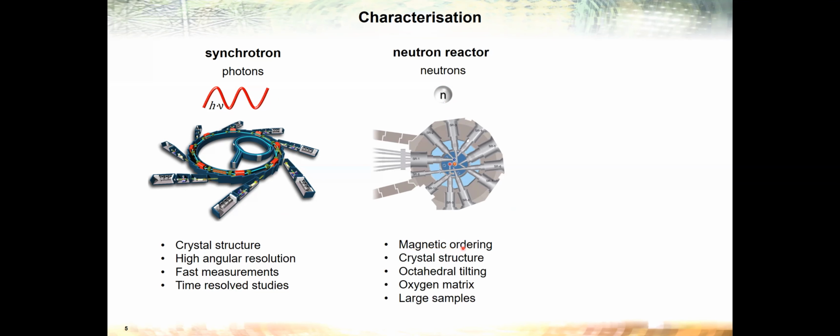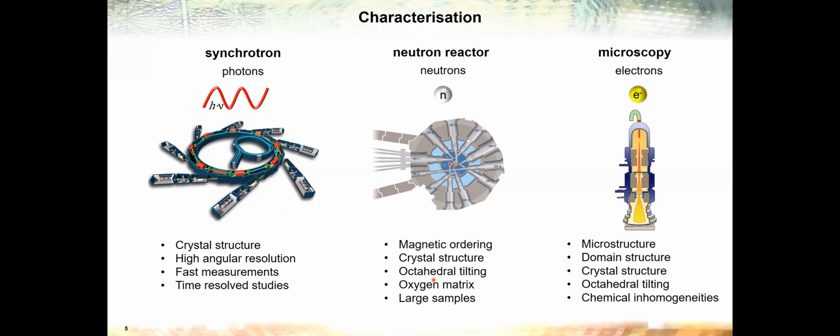Here you can also see magnetic ordering, and especially the oxygen contribution is quite high due to the high scattering length of oxygen with neutrons. Microscopy is also important because you can look at the microstructure, domain structure, and the local structure of the materials, in order to correlate this with the average information you get from diffraction.